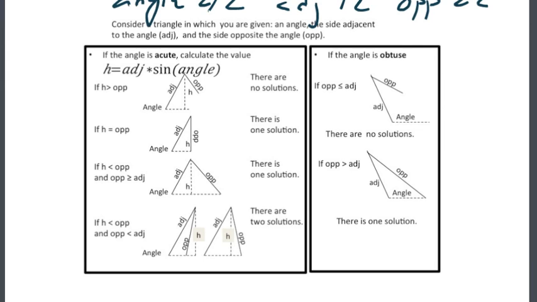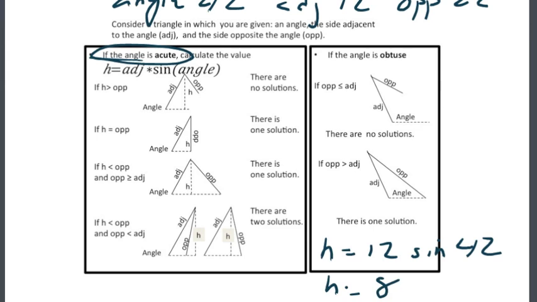Well, the angle is acute, so we need to calculate H equals adjacent sine angle. So that's easy. We can do H is equal to 12 sine of 42. So that works out to H equals 8.03.